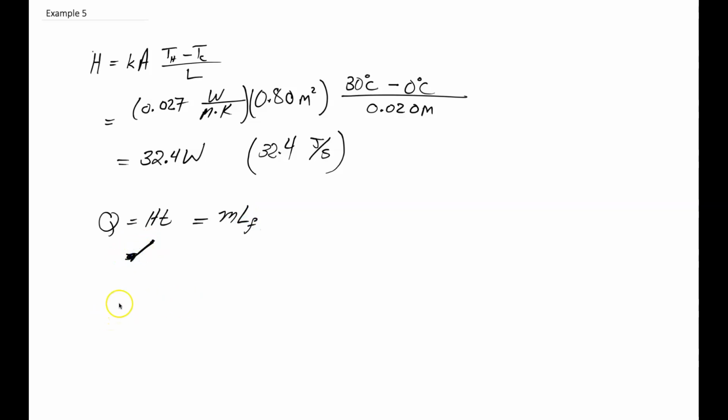So to find the mass of the ice, we can say that this is Q, the total heat, over the latent heat of fusion.